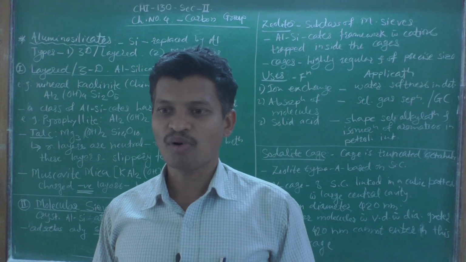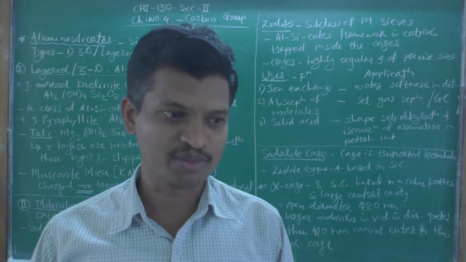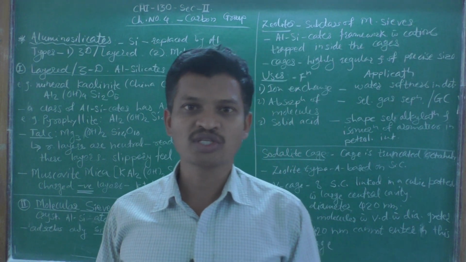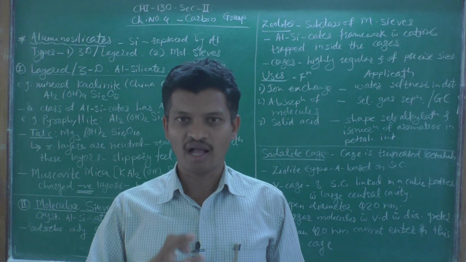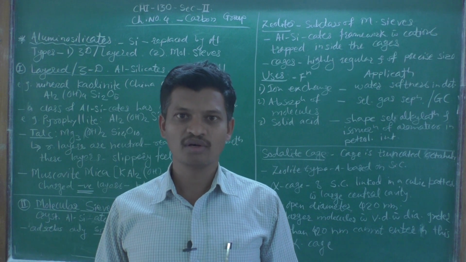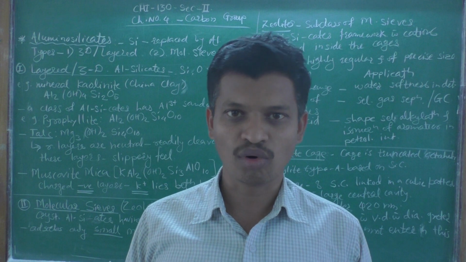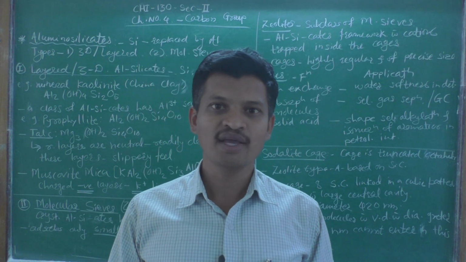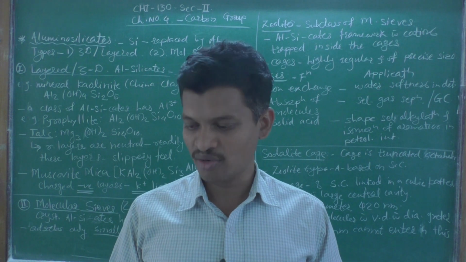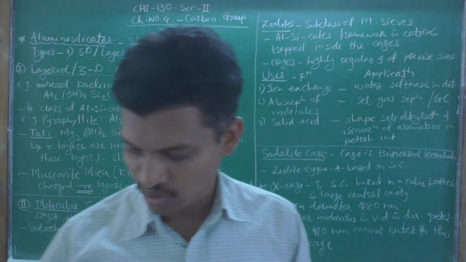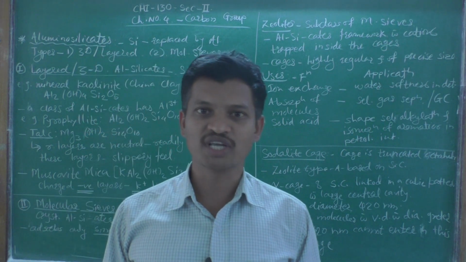The general structure of all these silicates is a framework of silicon and oxygen atoms. When silicon and oxygen atoms are tetrahedrally arranged, such as SiO4 4 minus, the central silicon atom is tetrahedrally bonded to the 4 oxygen atoms, and each oxygen atom has a negative charge.